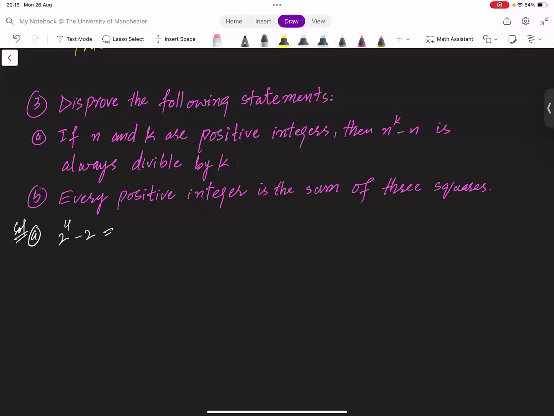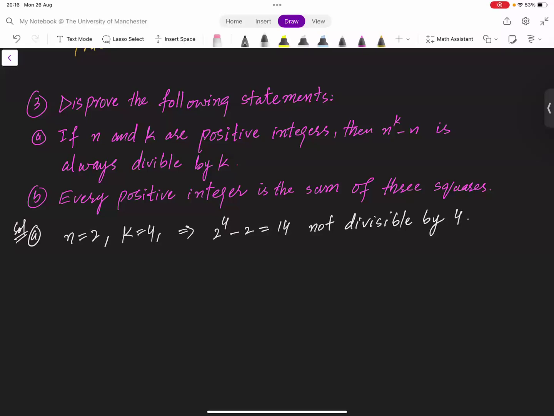Let me write it more clearly. So n is 2, k is 4, then 2 power 4 minus 2 is 14, and not divisible by 4.